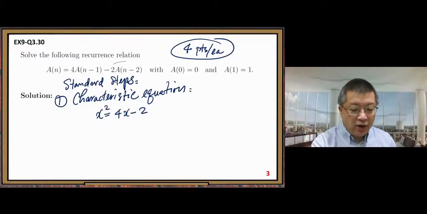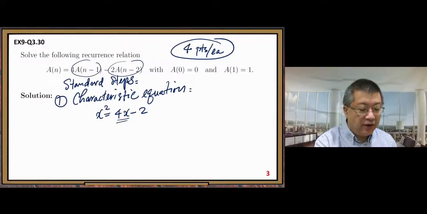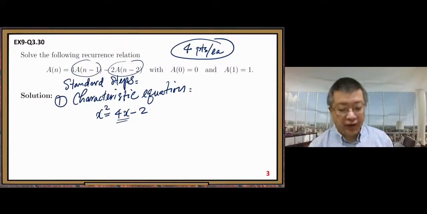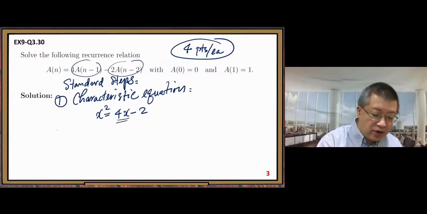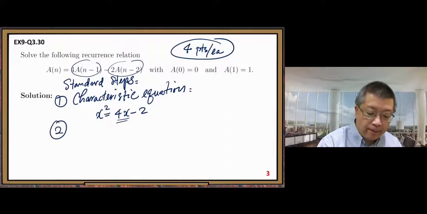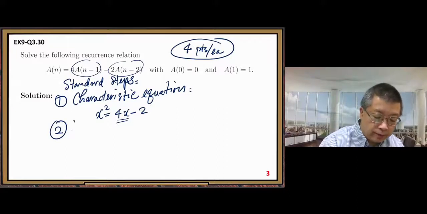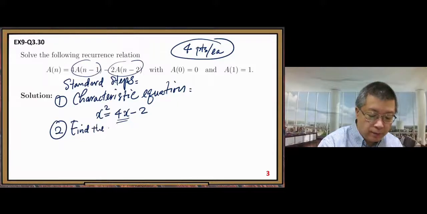The lowest term corresponds to the constant. Next term corresponds to the linear term, and then the square term. So this equation, step 2, find the roots.